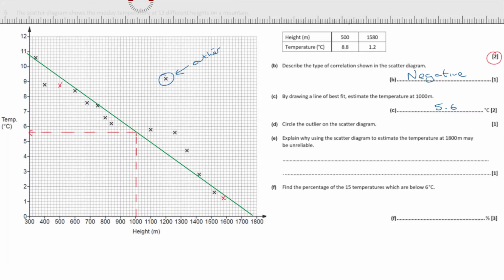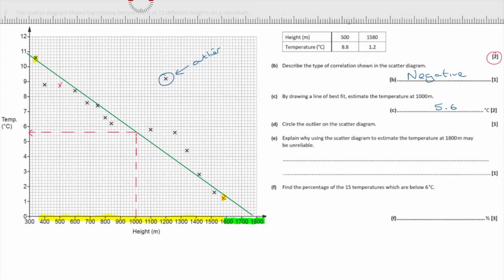Explain why using the scatter diagram to estimate the temperature at 1,800 meters may be unreliable. Well, if you have a look at your first and last point, your first point is here and your last point is the one we plotted, it's here, which means we've got points plotted from here up to here on our scale. Now, beyond that, we haven't got any points.